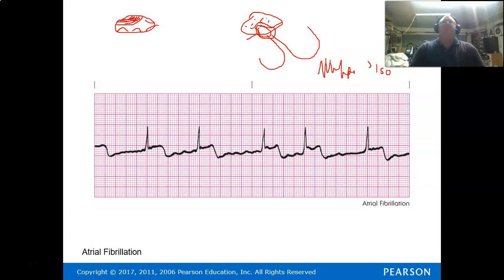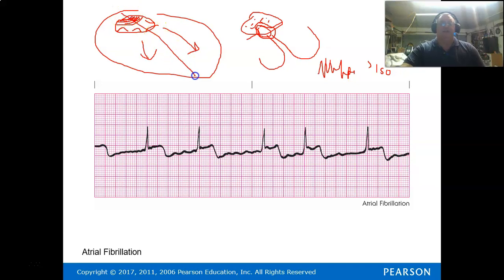Now, the problem with that is if we suddenly reset that, what's going to happen to all those clots in the atria? They are then going to go down into the ventricles. And by the way, there are two sets of ventricles here, right? So it's going to go out into the body or go to the lungs.